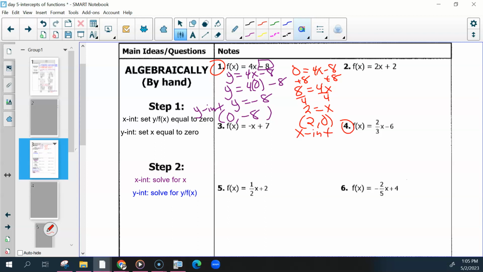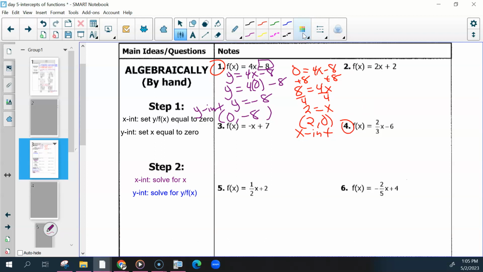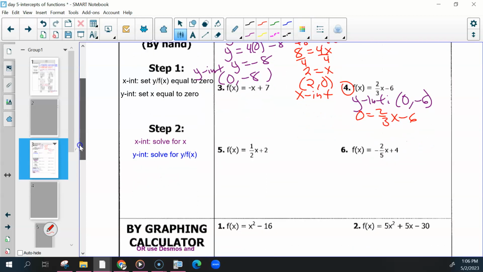Questions on that? And then number 4. What is your y-intercept? -6. How would I write that as an ordered pair? Then for your x-intercept, you can either replace the f of x with y and then replace it with 0, or just write 0 equals and solve for x.